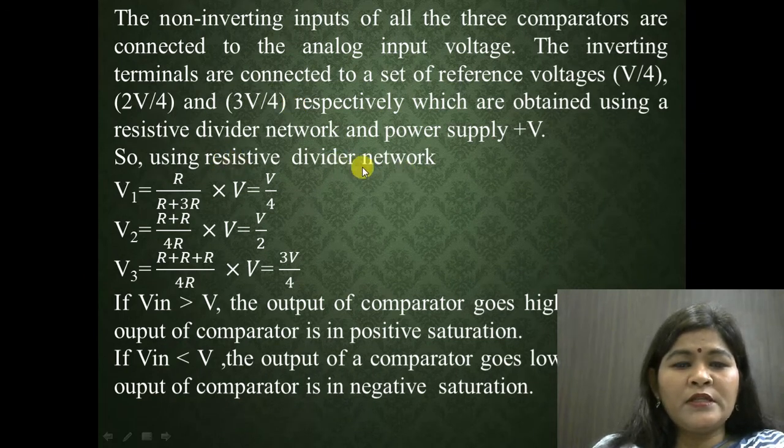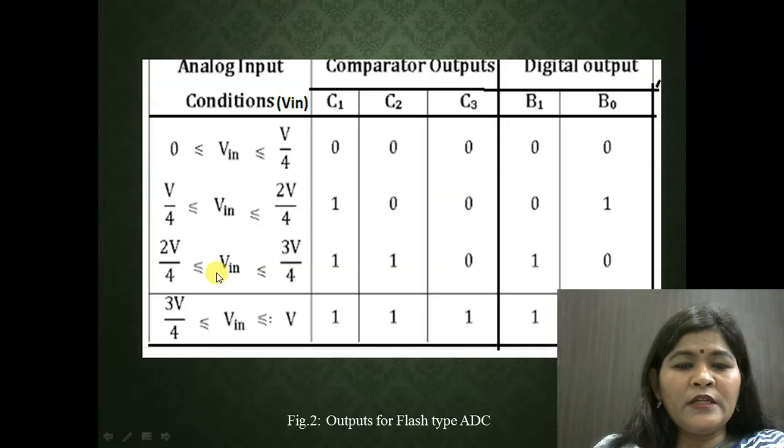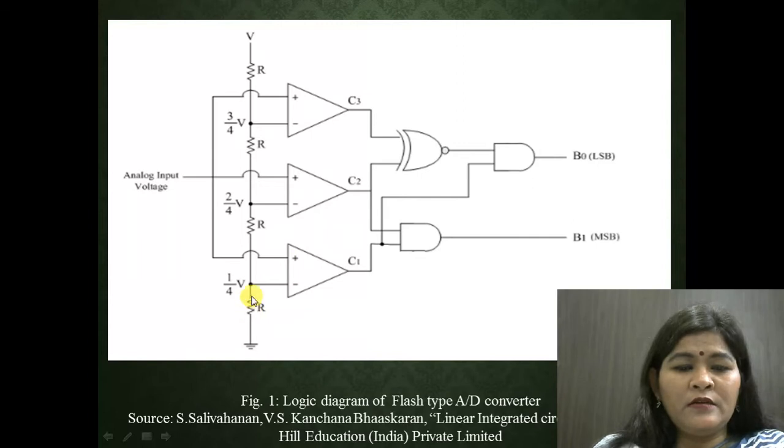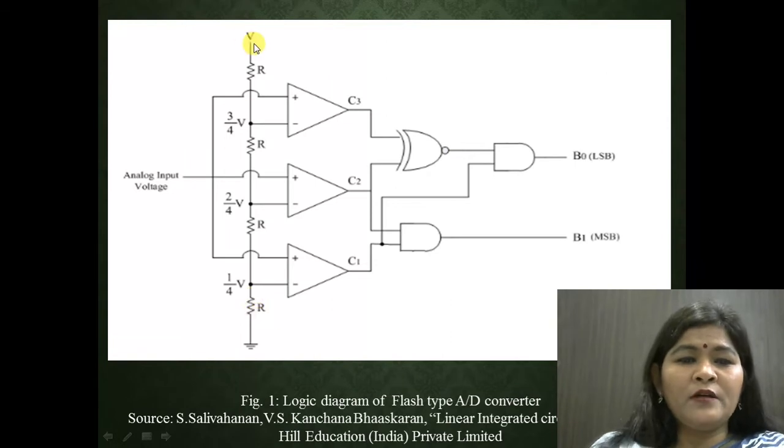This is the resistive divider network here, and how to calculate this V1. This V1 will be equal to R upon R plus 3R into the reference voltage, that is V. In this circuitry, if this is the terminal V1, this is V2 and this is V3, then V1 will be equal to the resistance across the voltage, the reference voltage V, upon the total resistance, that will be 4R.